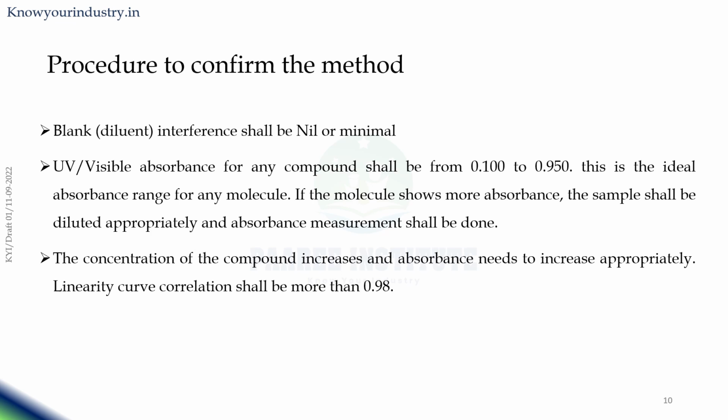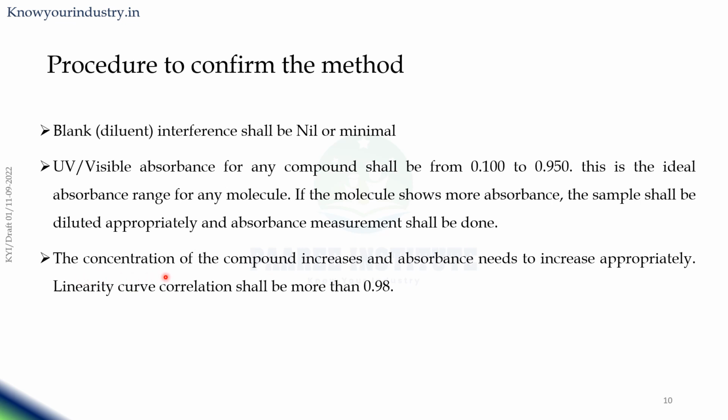So in continuation to the previous slide, during method development or during the analysis, the blank interference shall be nil or minimal. Then the UV visible absorbance for any compound shall be from 0.1 to 0.95, because this is the ideal absorption range for any molecule. If you are getting more absorbance, that is more than 1, then the sample should be diluted appropriately, then the absorption should be taken.